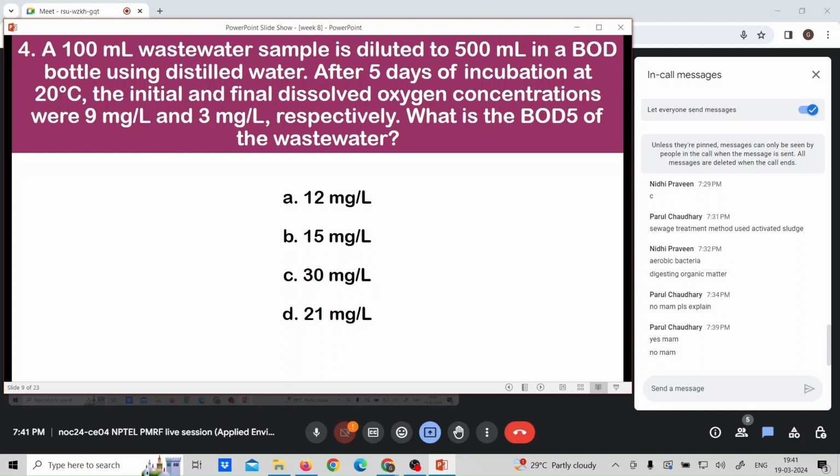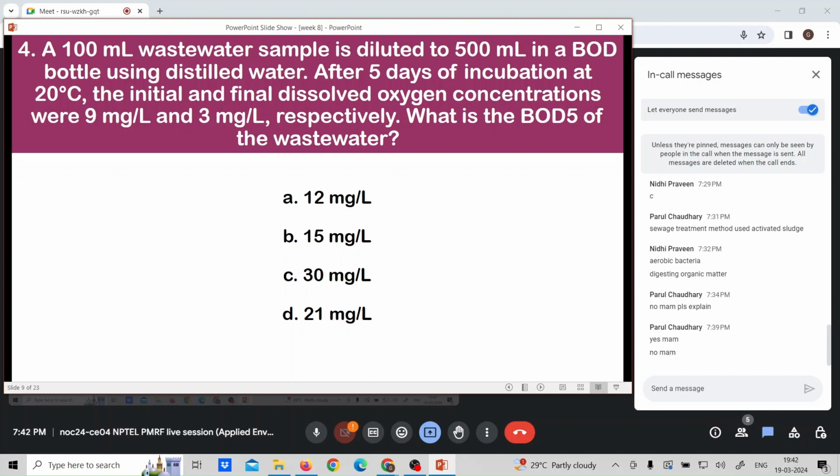Any other answers from anyone else? It is the oxygen required by the biological organisms to consume the waste in the water. Okay, right. I think you are clear now.